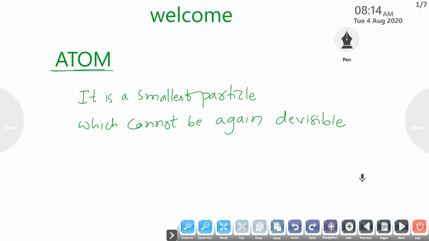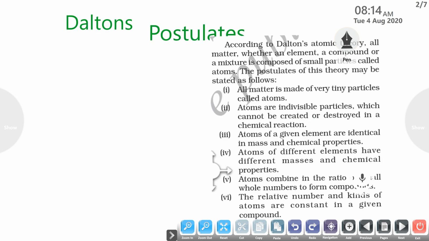So, according to Dalton, there are some postulates. We discussed it in the earlier class, but we will see once here. These are Dalton's postulates regarding an atom. The first one, all matter is made up of very tiny particles, they are called atoms.